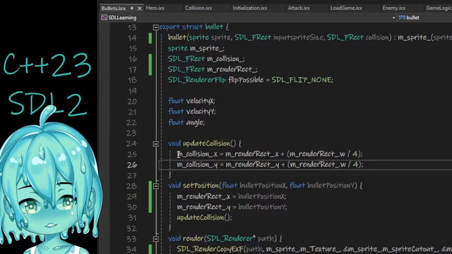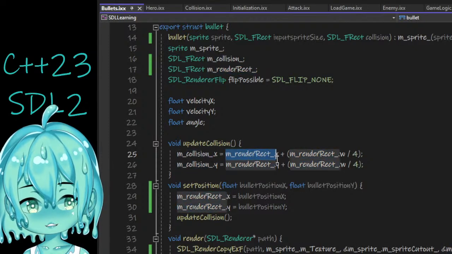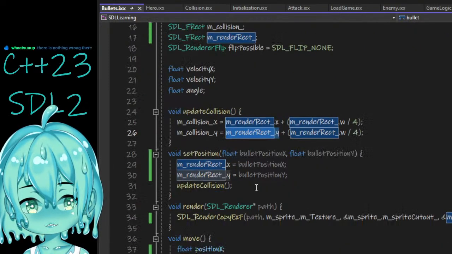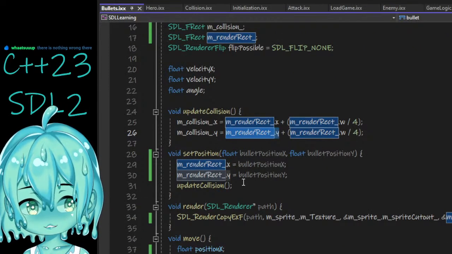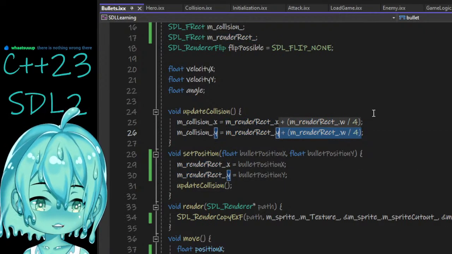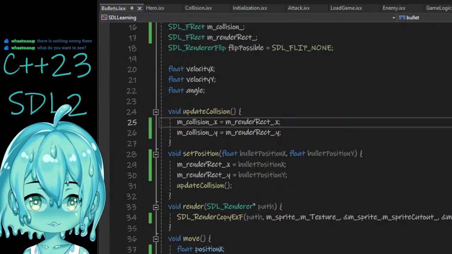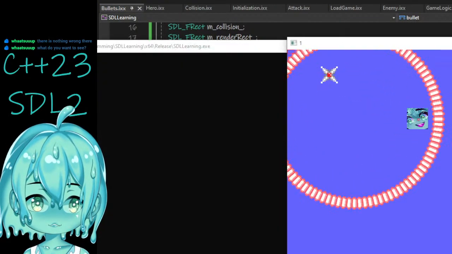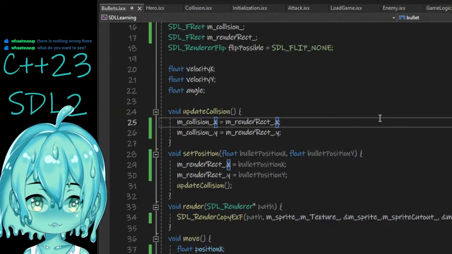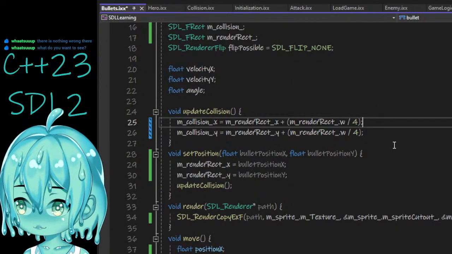So what's wrong here? So the X value and the Y value of this collision box is going to be equal to the rendered X and Y floats. They're all floats now, plus this. So what if we just get rid of these? Doesn't do anything. There's nothing wrong there.